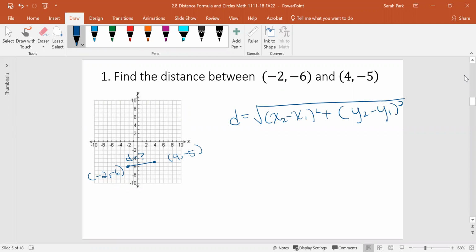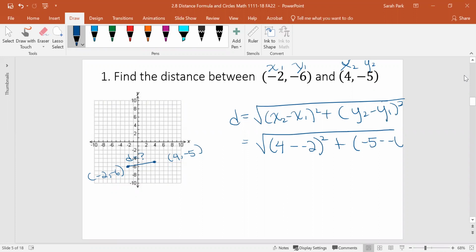Let's label these points so we don't get confused. Here, -2 is x1, -6 is y1. 4 is x2, and then -5 is y2. So we plug these values in. x2 is 4, minus x1 which is -2, squared, plus y2 which is -5, minus y1 which is -6, squared.